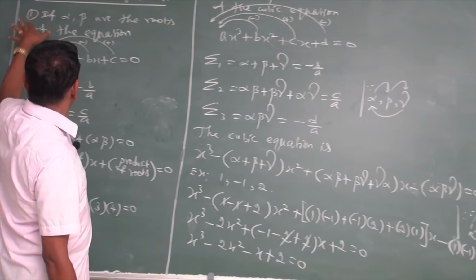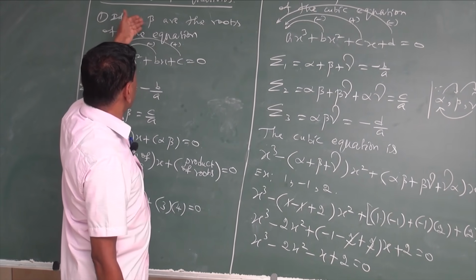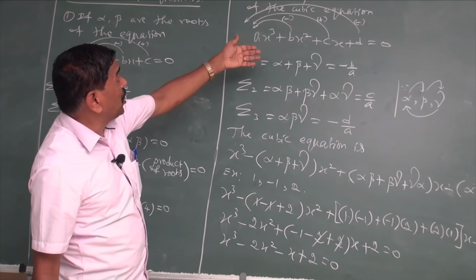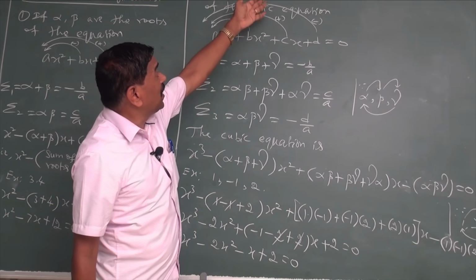So the first one is a quadratic equation, it has 2 roots alpha and beta. The second one is a cubic equation, it has 3 roots alpha, beta, gamma.